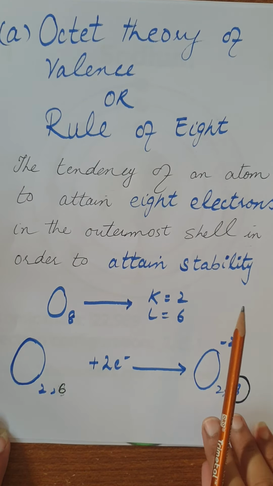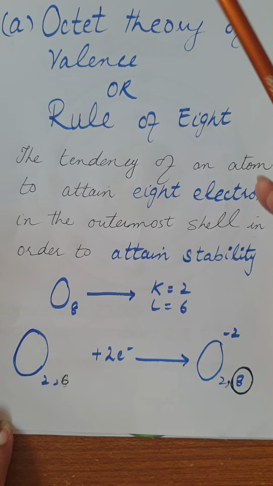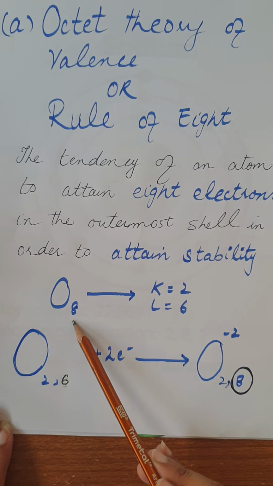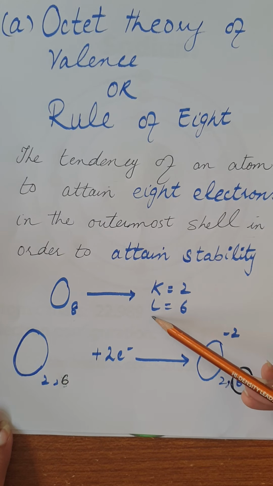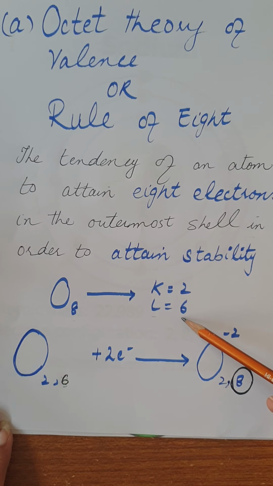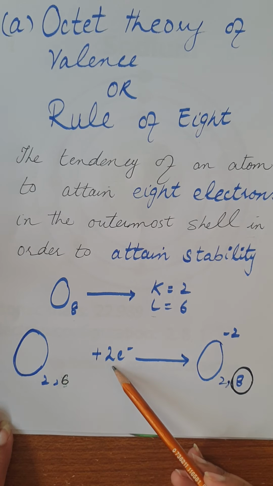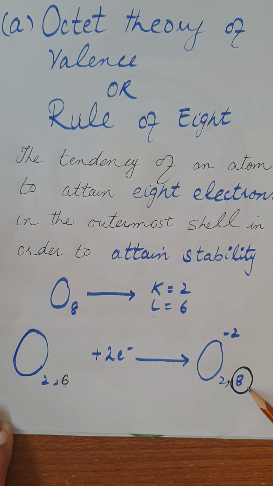For example, in the case of oxygen, the atomic number of oxygen is 8, so its electronic structure will be K equals 2 and L equals 6. We can see that the outermost orbit, the L shell of the oxygen atom, contains 6 electrons. If oxygen gains 2 electrons, its outermost shell will contain 8 electrons.